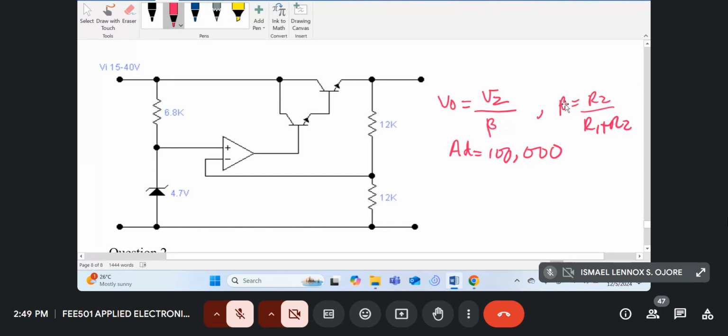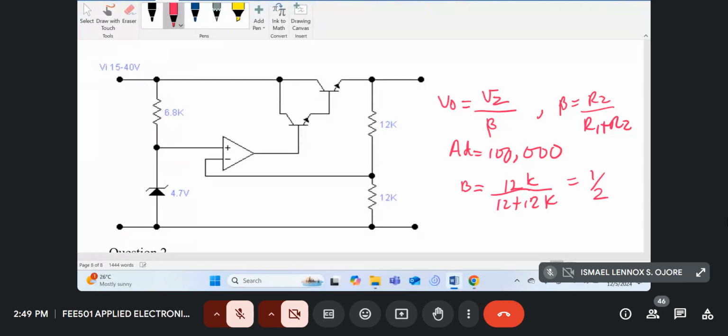In this case, beta is equal to 12K over 12K plus 12K, which is 1/2. So V naught is simply 2Vz, and Vz is 4.7. So this is 9.4. It's so easy.